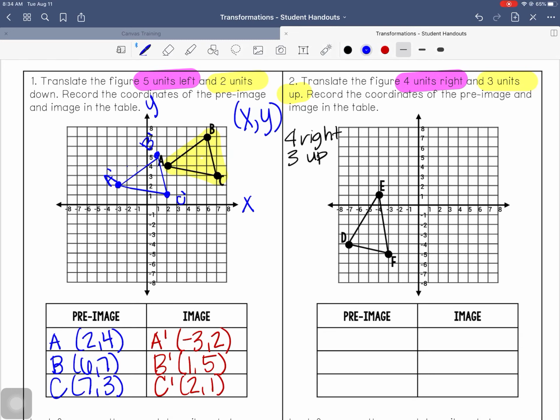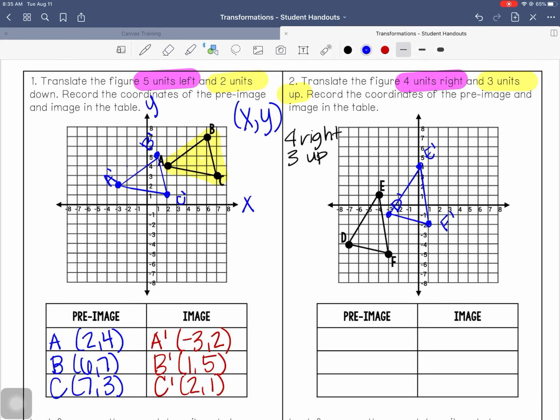From coordinate D, we're going 4 to the right: 1, 2, 3, 4, and 3 up: 1, 2, 3. This is D prime. E: 1, 2, 3, 4, up 3: 1, 2, 3. And then we have F: 1, 2, 3, 4, 1, 2, 3. F prime. Use your ruler.